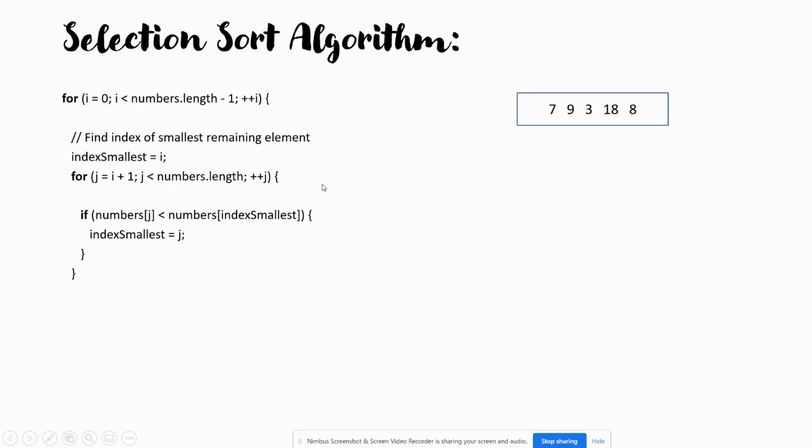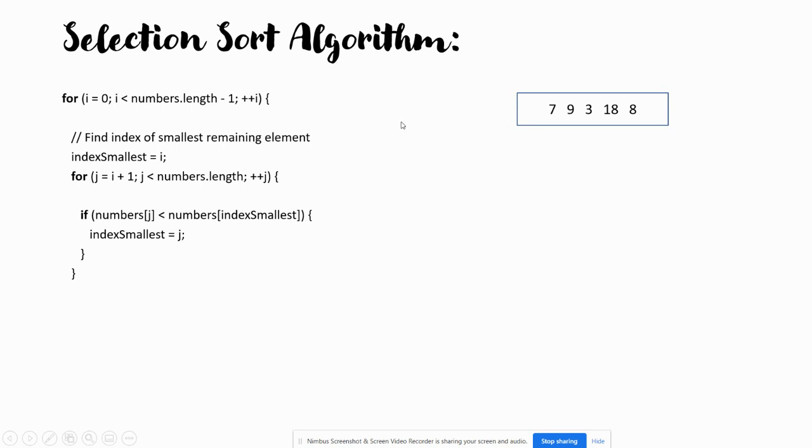And then the next step, you always try to find out which one is the smallest element. When i is 0, you are supposed to find the smallest. The first smallest element is considered to be the first element by default. Then we take another index variable, j. j will start from i plus 1.